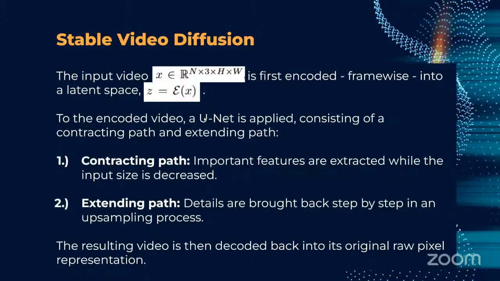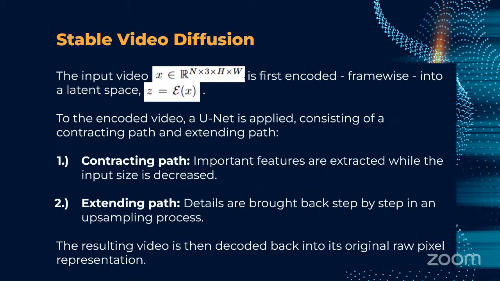The UNet consists again of two different parts, a contracting path and an extending path. First, one uses the contracting path. Here, the size of the input video is stepwise decreased, and during this process, important features are extracted.